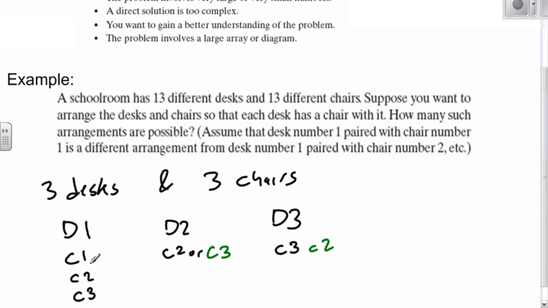Similarly, if we gave chair 2 to desk 1, then desk 2 could get chair 1 or chair 3, and desk 3 would get the other. So if 1 and 2 are out, then desk 3 would get chair 3, or if 2 and 3 are out, desk 3 would get chair 1.